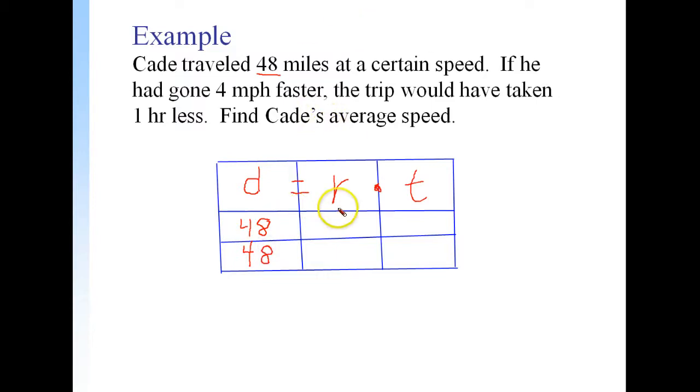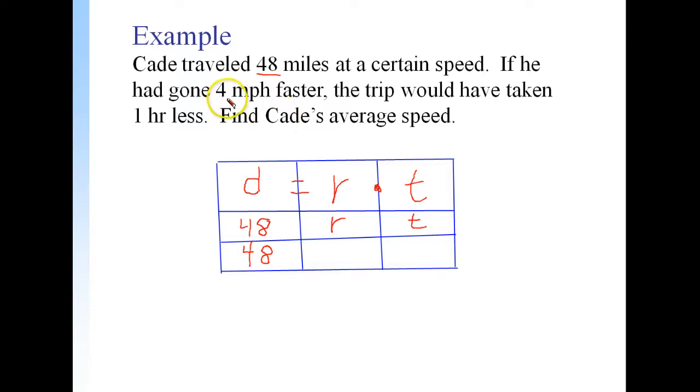Now for our rate, we don't know that. And for this time, we're saying it's t. That's just driving regularly. 48 miles altogether at a certain rate times a certain amount of time.